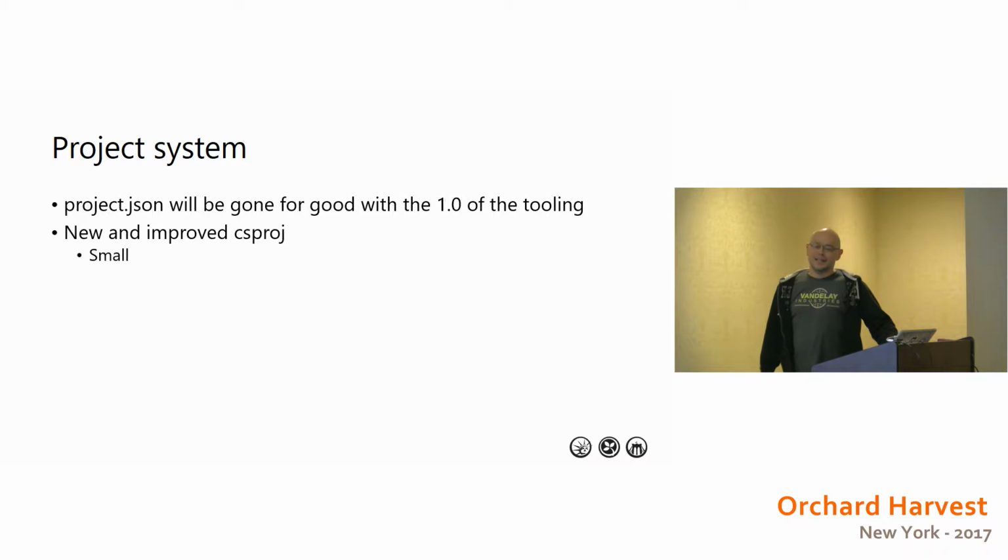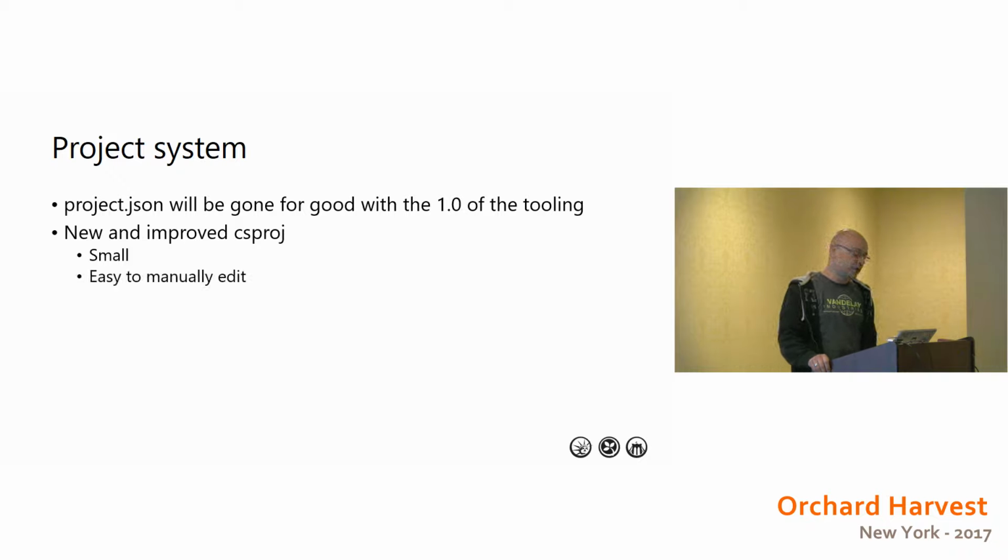There you go. So the new CS proj is small, and I'm going to show some examples of that. It's really small. It's easy to manually edit. There is a lot less noise and a lot less stuff that you need to remember in order to author one of those files. We are not expecting people to actually open a text editor and start typing those tags, but you could.